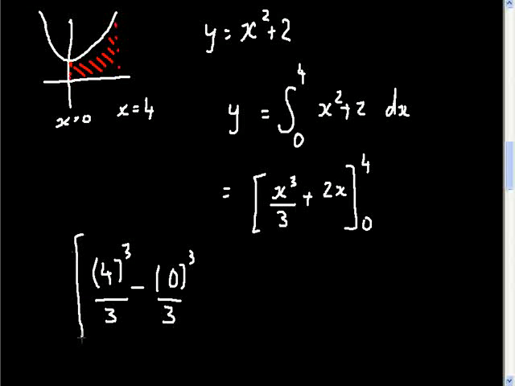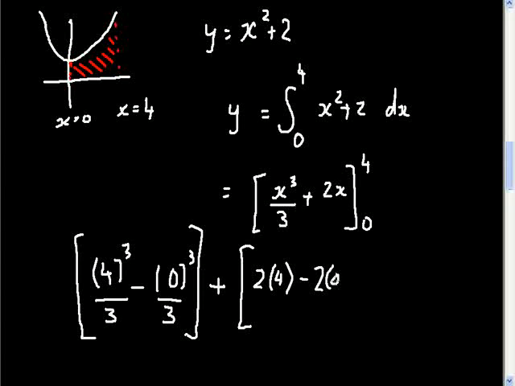Okay, so here I'm working out the difference for each individual term, and then there's a plus sign in between, and then now I'm going to substitute 4 instead of x for this 2x term, so that's 2 times 4, and then I'm going to substitute 0 instead of x for this 2x term. Okay, so I'm working out the difference for each individual x term.